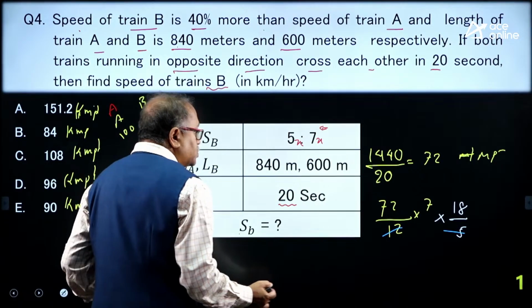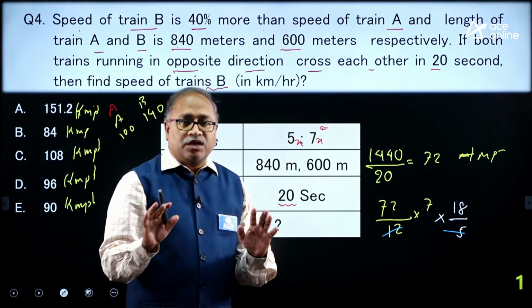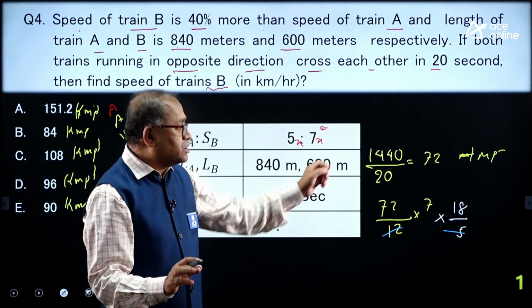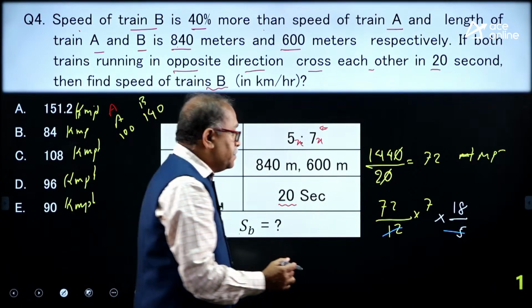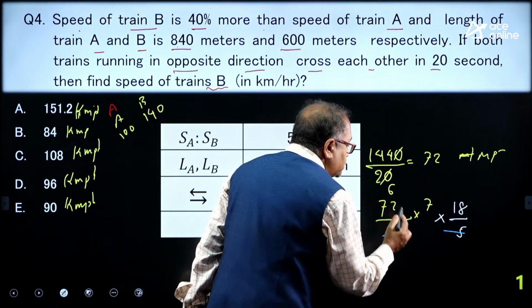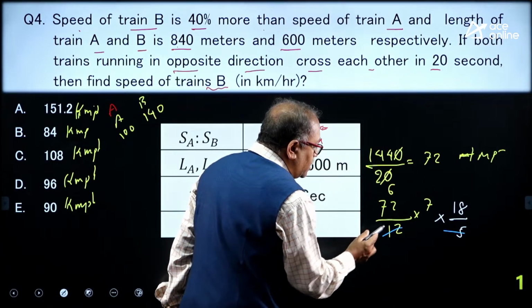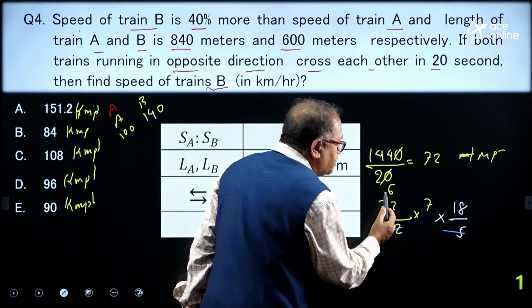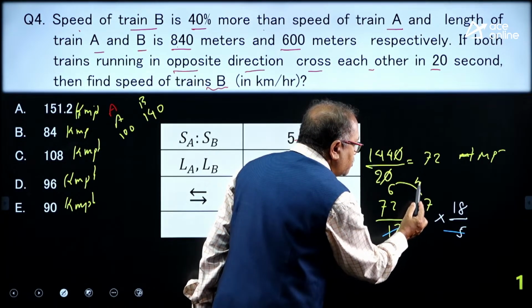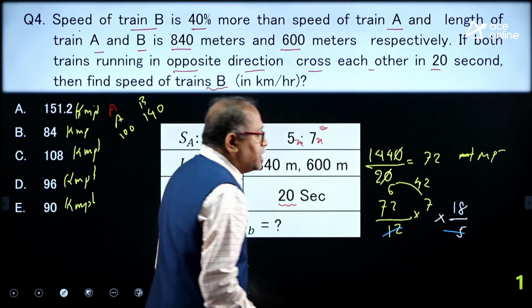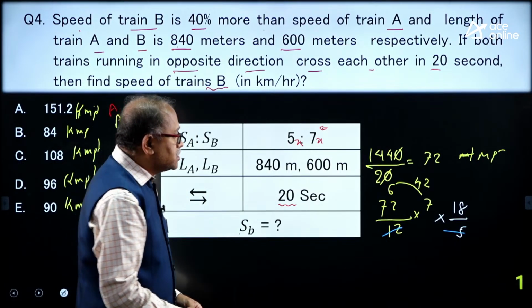I placed the 0 over there, I did not notice that the 0 is getting cancelled over here. So, this gets cancelled, 12 sixes are 72, and finally I get 6 sevens are 42, 42 into 18 divided by 5, is that right?